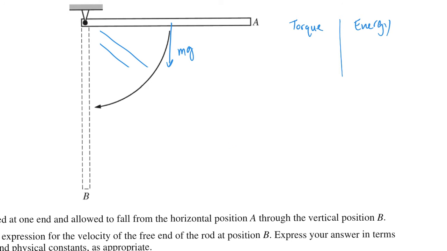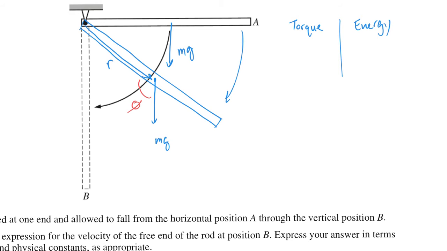When the bar has swung down to a position about here, the force is still the same. It's acting at the middle of the bar, acting straight down. The weight of the bar hasn't changed, and the torque arm length hasn't changed. Both of those are the same, but the angle between the torque arm and the force has changed, and therefore the amount of torque is different.